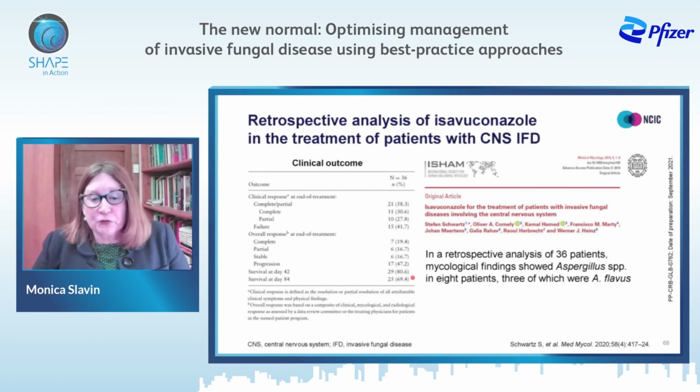And the overall response rates are shown here. Probably about over half the patients had either a complete, partial or stable response whilst on isavuconazole, which is, I think, a reasonable response rate, but difficult to say in that we don't have a comparator arm in this study. But again, it gave us some reassurance in using the drug in this patient.